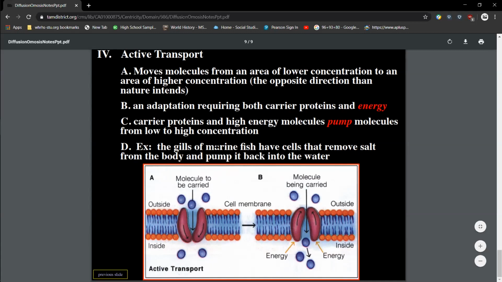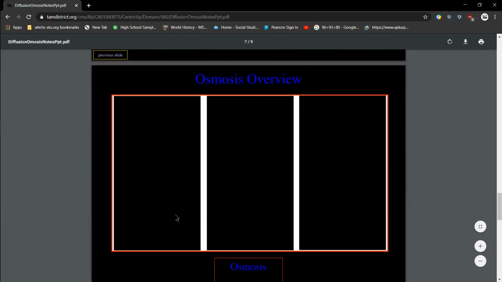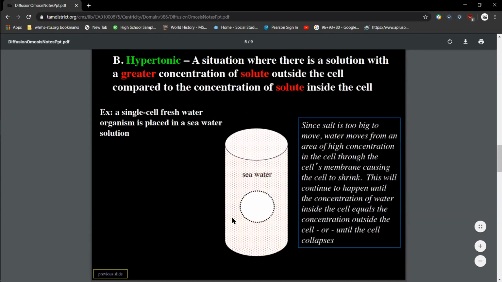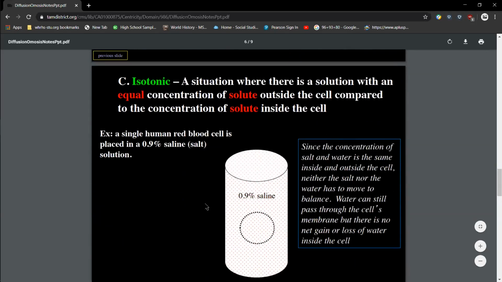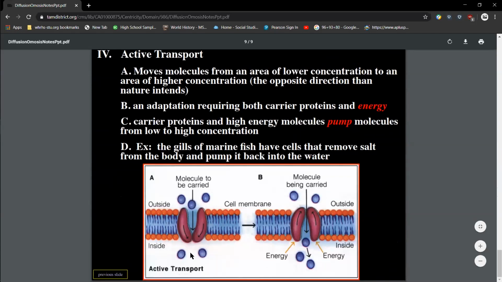Because it's not natural, you have to use energy, so you need proteins and energy. In facilitated diffusion we only use proteins, and osmosis and normal passive diffusion required no proteins. But with active transport, you need energy and a carrier protein. Carrier proteins and these energy molecules pump molecules from low to high concentration.